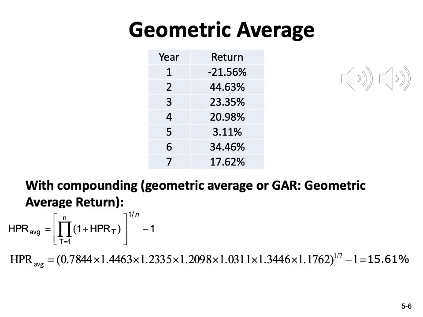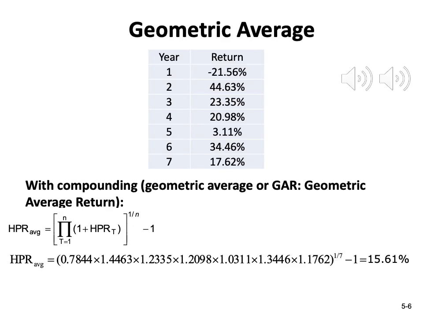For the same stock, with the same returns over the 7 years, when you want to calculate the geometric average return, you have to consider the compounding power. So basically you need to calculate the cumulative return over the 7-year period, then take that to the power of 1 over 7.